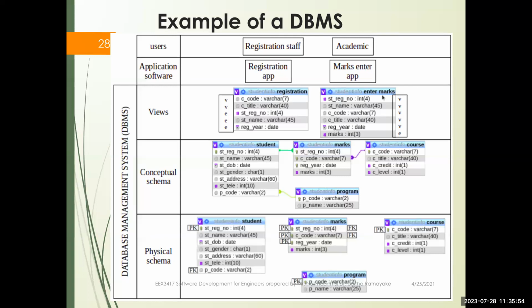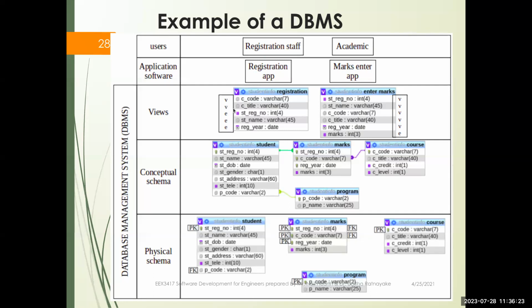Registration and enter marks include course code, course title, student registration number, student name, and registration year. When you use the registration app, they can edit student registration number, student name, and registered year.